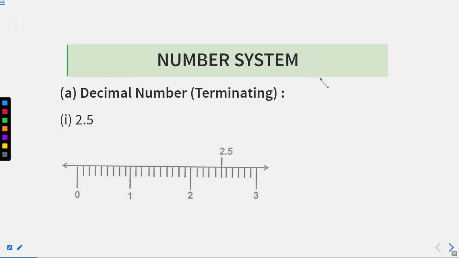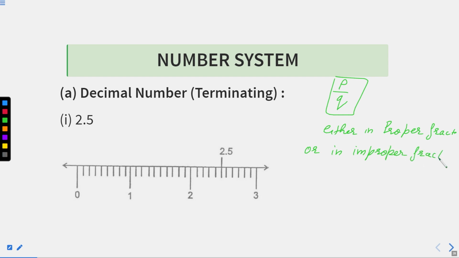Now, in the previous question the rational number is given in p upon q form, either in proper fraction or in improper fraction.